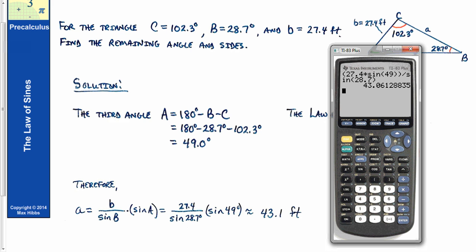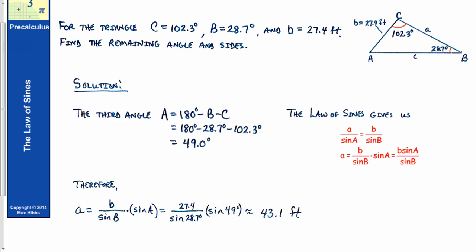Enter. And I get 43.06 and so on. And you see I've rounded it to 43.1 feet. And I took my clue that the one side I know is to the accuracy of 1/10 of a foot. And so that's the reason I chose to round to the 1/10 position.